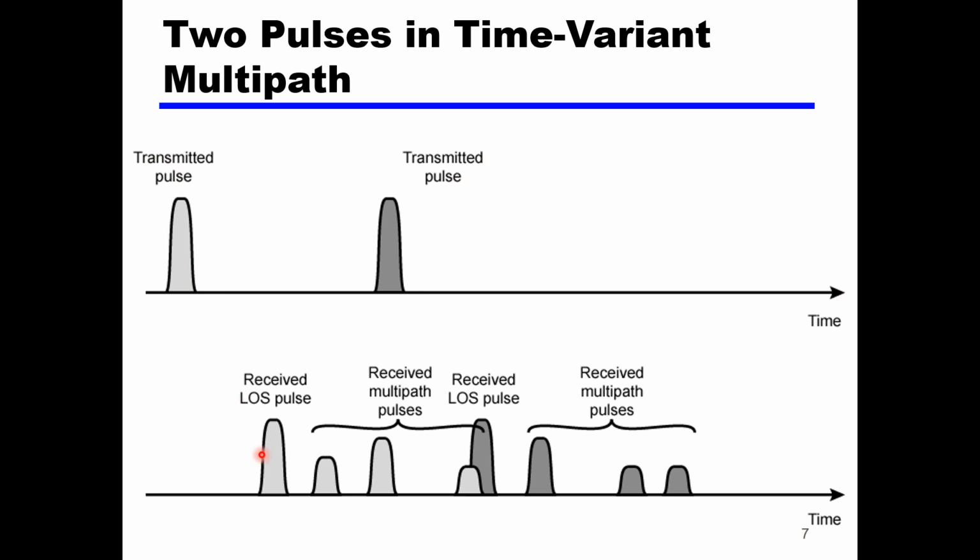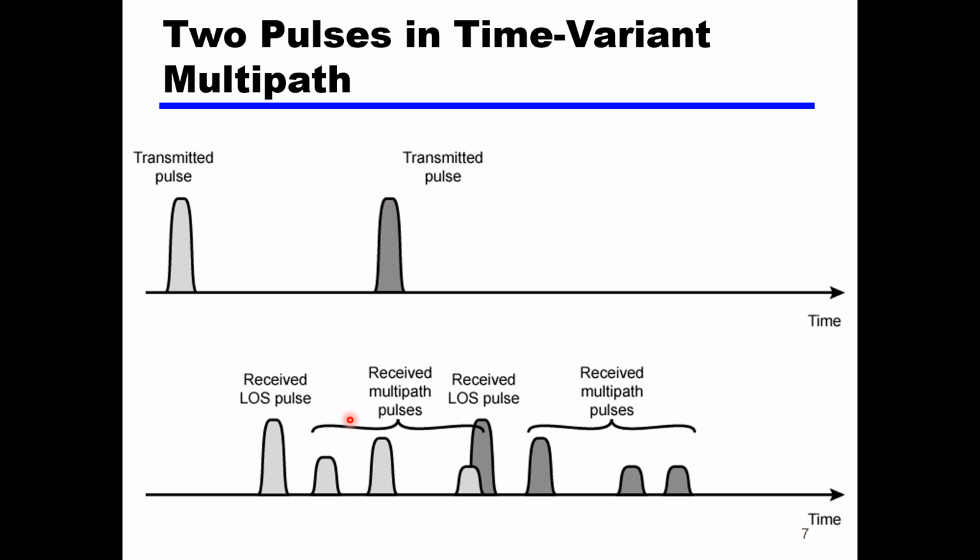In the received signal, you see the received LOS pulse. This is the line of sight of this transmitted pulse. Then this signal comes here, and it is also the line of sight part of that. These two signals are received with more or less the same amplitude.